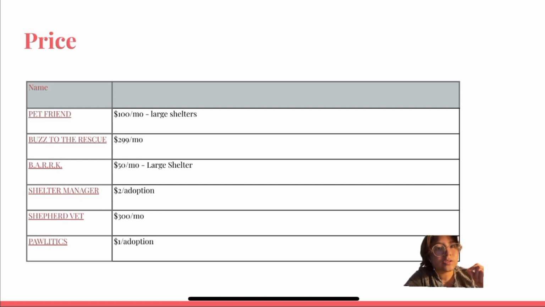So for Pet Friend it's $100 a month, Buzz to the Rescue $2.99 a month, Bark is $50 a month, Shelter Manager is $2 per adoption, which we thought was pretty interesting, because the others limit you to the size, but because it's per adoption, it doesn't really matter what size shelter you are, so it's a lot more accessible. And then for Shepherd Vets, $300 a month, and Polytics, it's $1 per adoption, which is something we thought was very competitive.